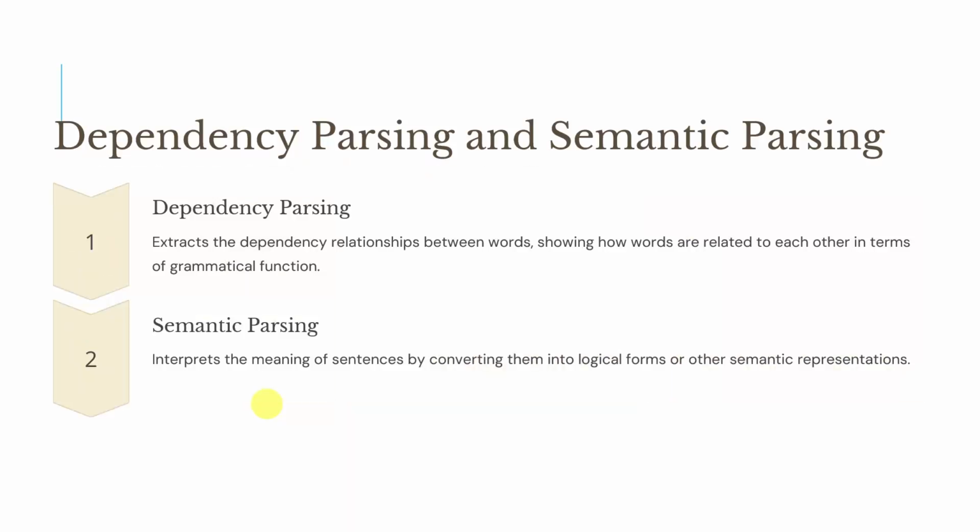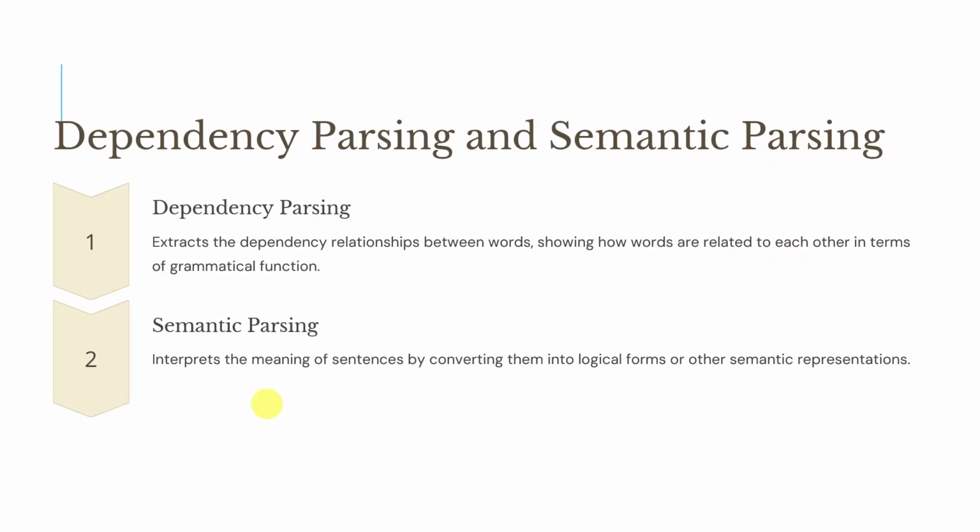Dependency parsing and semantic parsing extract the relationship between the words, how the words are related to each other in terms of grammatical functions, not in terms of splitting words, breaking into sentences, and joining them. It is not like that.